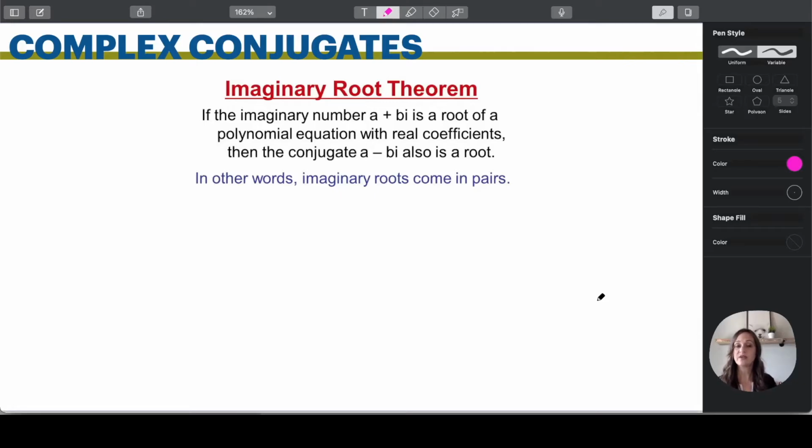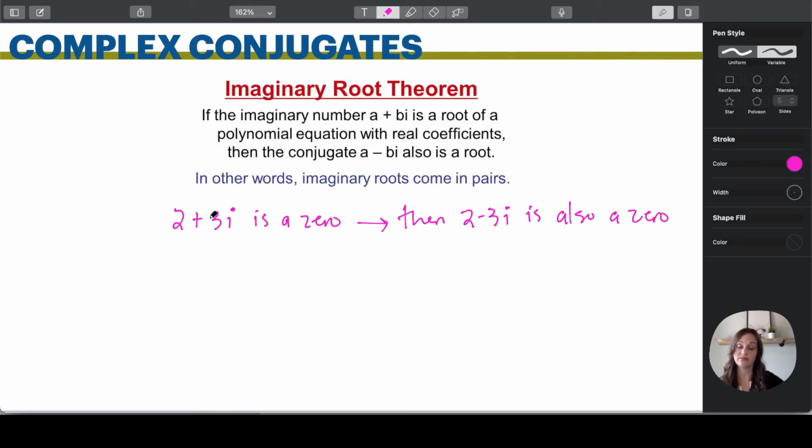There is also something called the imaginary root theorem when dealing with conjugates, meaning if 2 plus 3i is a 0 of a polynomial, then 2 minus 3i is also a 0 of the polynomial.